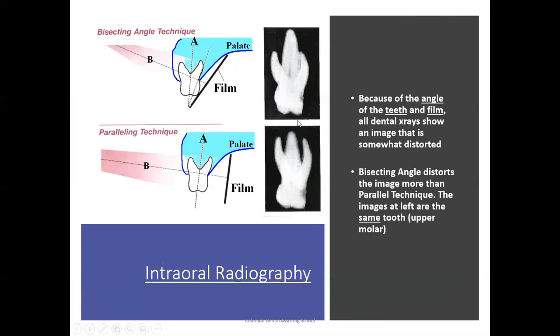So this maxillary molar has 3 roots, but it's sometimes hard to see if they overlap when we're taking a paralleling technique x-ray. We want to be able to see all 3 of them separate and not let them overlap. By bisecting, that opens it up and we can see them individually. This is most commonly used in endodontics when we're doing any sort of root canal treatment.